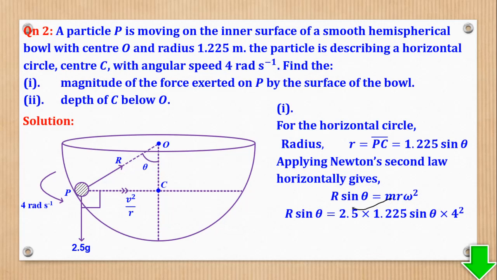Then I'll substitute for m, r, remember r was this, and omega. So from there, I realize that this and this can cancel, and I remain with R as 49.